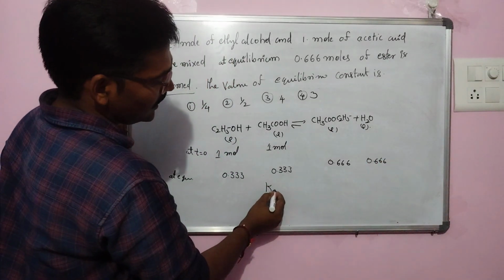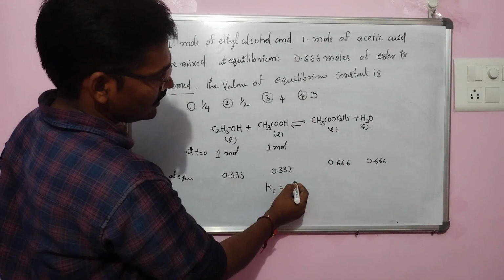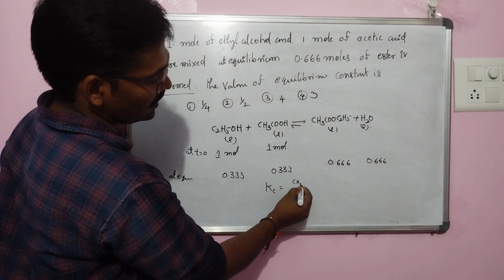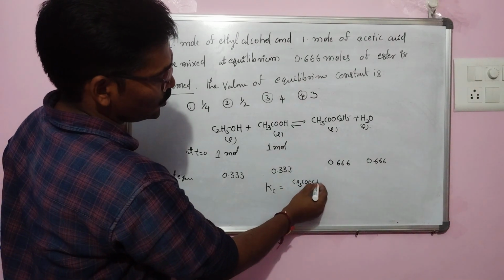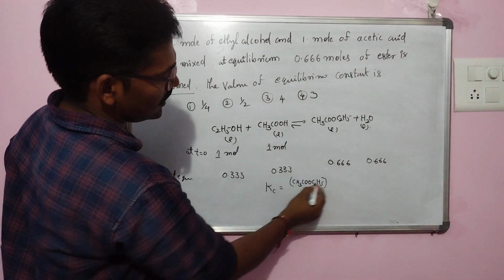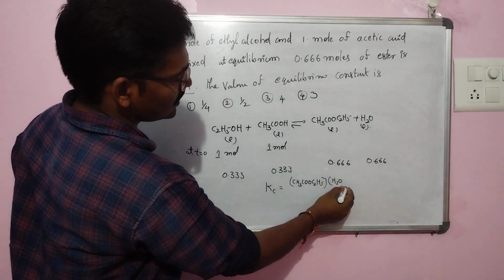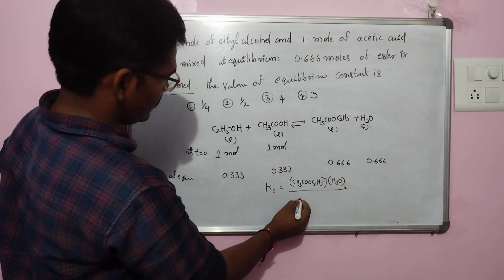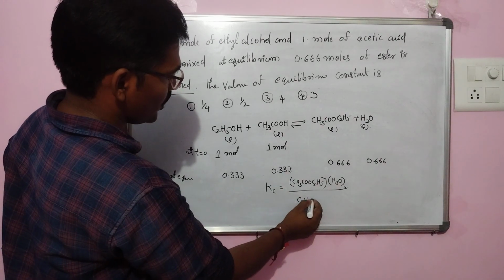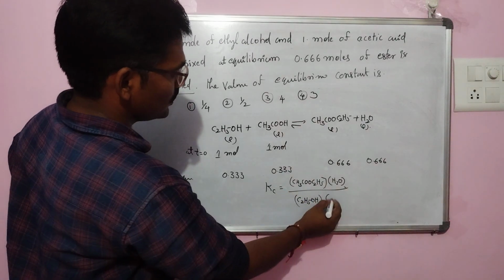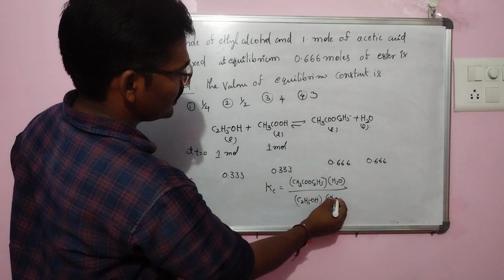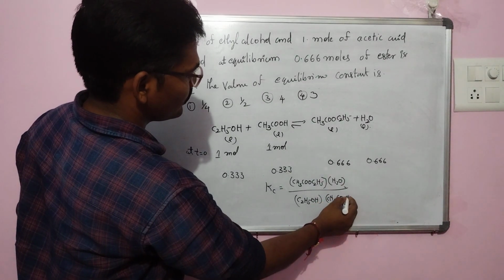So Kc equals the concentration of CH3COOC2H5 into the concentration of H2O, divided by C2H5OH into CH3COOH.